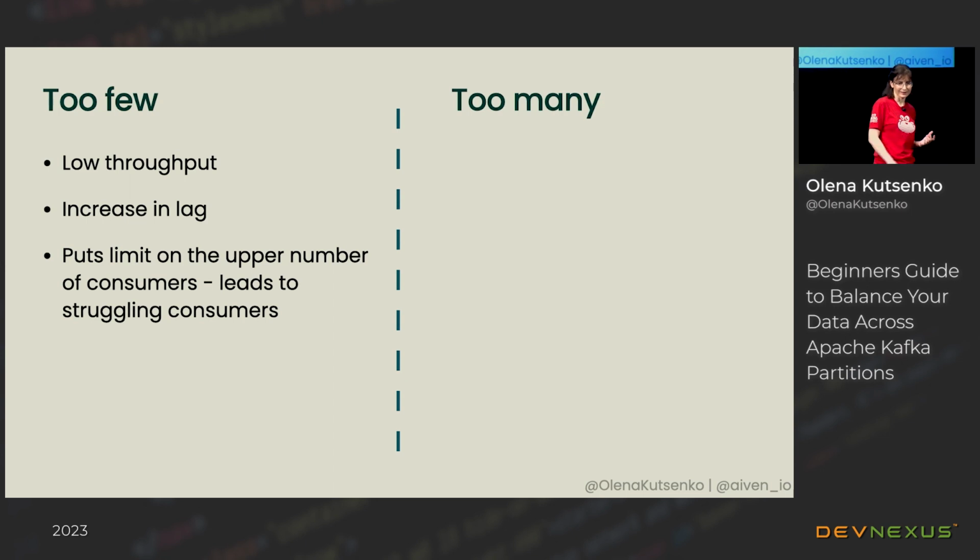Like Danica said yesterday, they will be starving. So because of these things, there is a common recommendation: when you create a topic, set the number of partitions somewhat higher to plan for the future. And indeed, it's a really good recommendation.